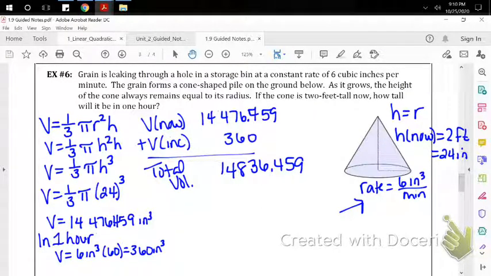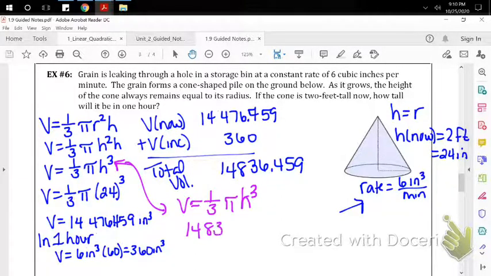Well, let's see then. Remember, we know from this equation right here that the volume is equal to 1/3 pi h cubed. So if my volume 14,836.459 equals 1/3 pi h cubed, can we solve for h?